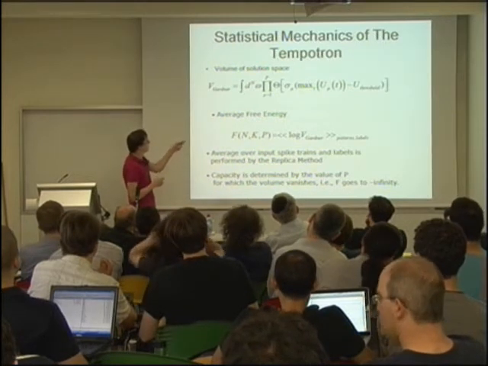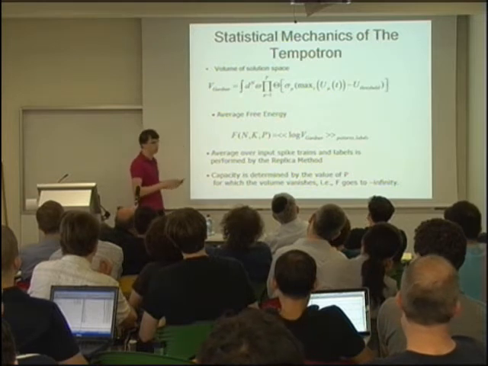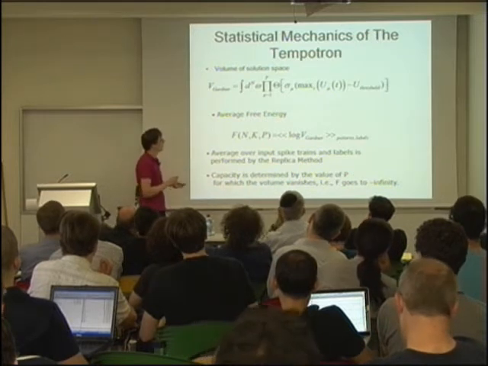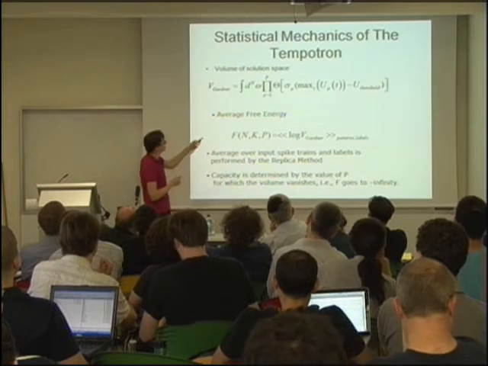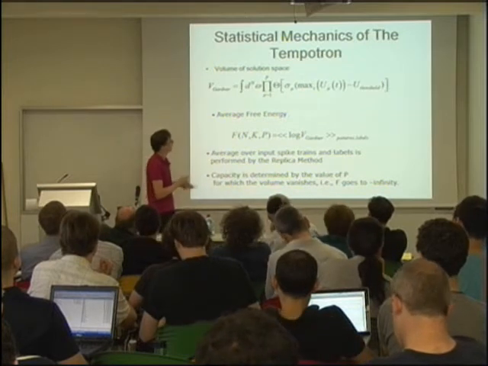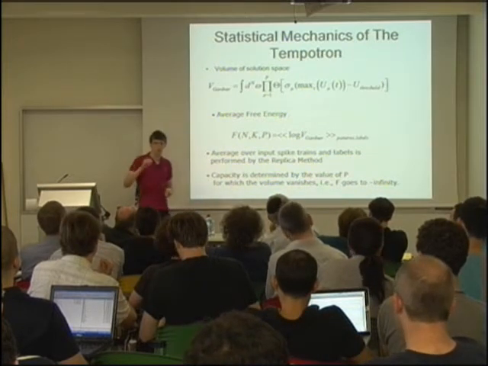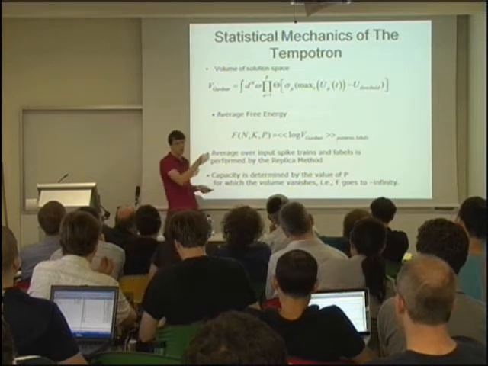So it's just an n-dimensional integral over the entire weight space. And here is just a product of indicator functions over all the patterns that tells us whether or not these patterns are classified correctly.